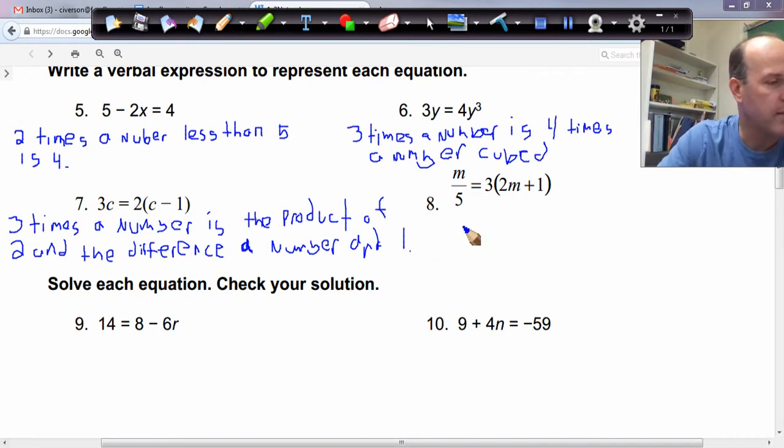Okay, number 8. The quotient of m and 5 equals 3 times the sum of twice a number and 1.